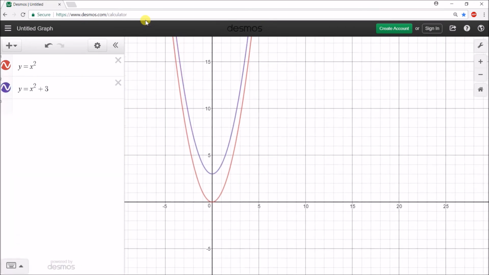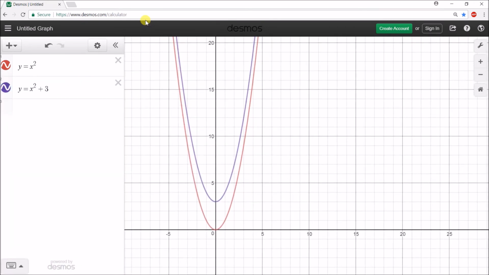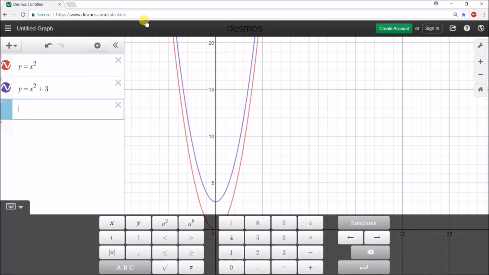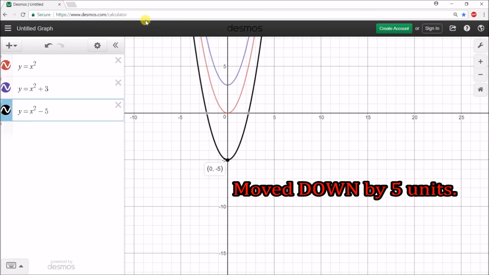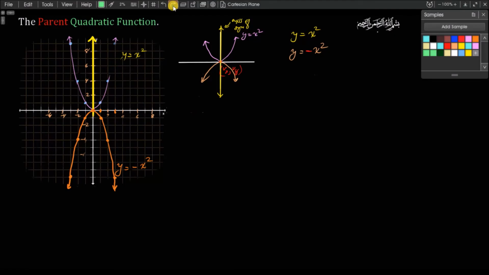See, these are identical graphs, except the second one is just moved up. The whole graph is kind of like a chess piece. The whole thing is just moved up by 3 units. And if I did y equals x squared minus 5, the whole graph is moved down by 5 units. See, it's over here starting at 0, -5.